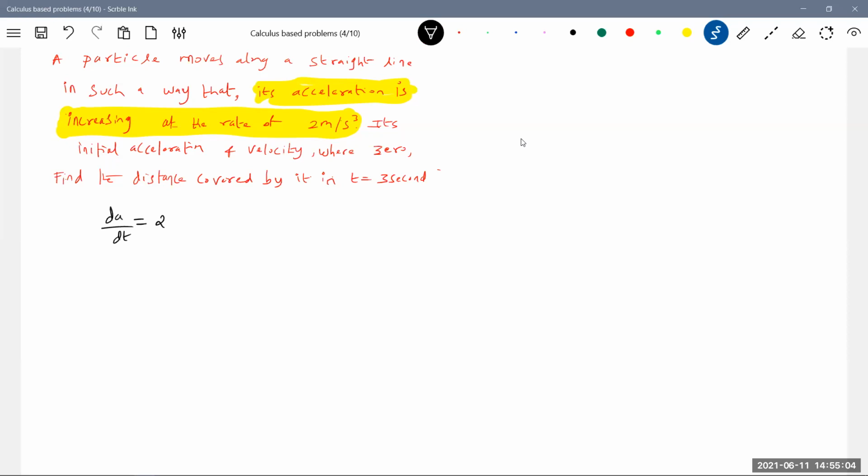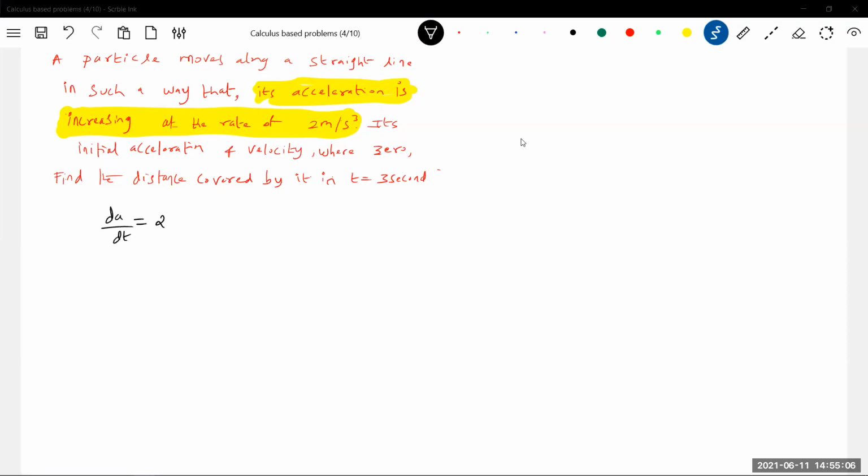Anybody can write this. I think the problem is solved. Vishal, check once. Abhiram, okay, agreed. Vishal, check your answer. dA by dt is equal to 2.